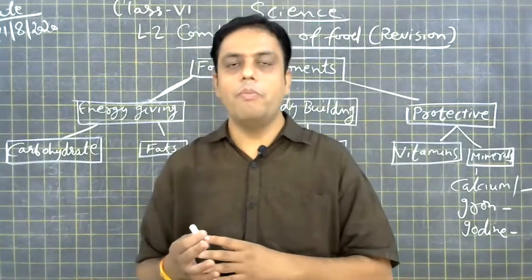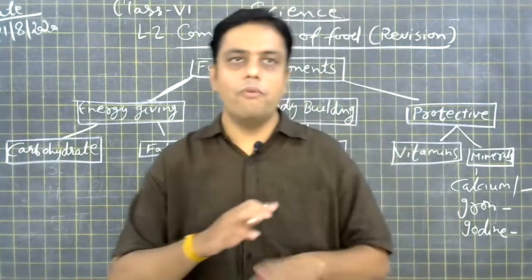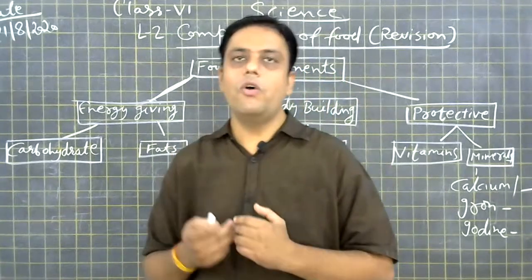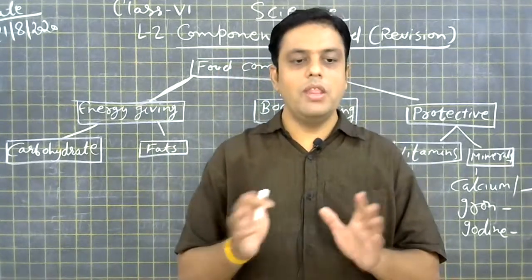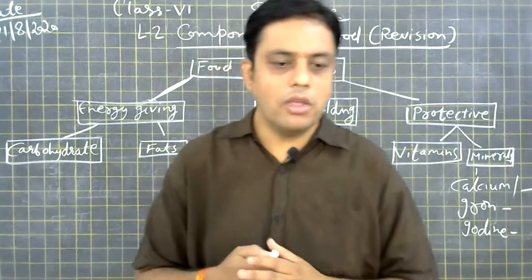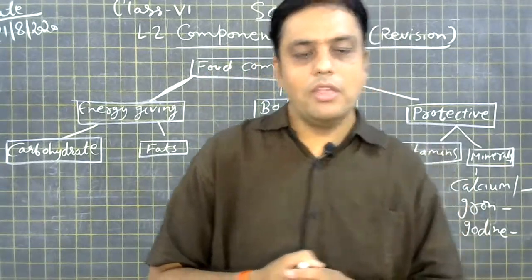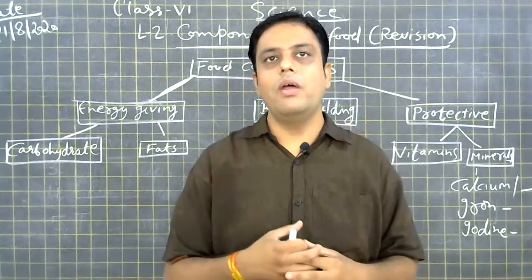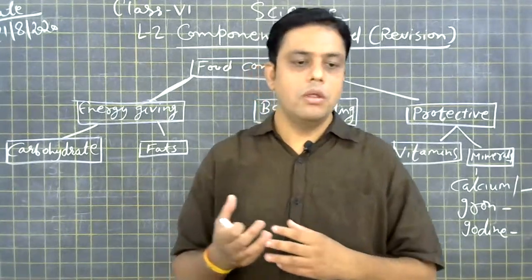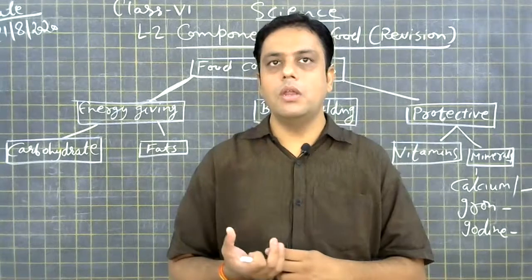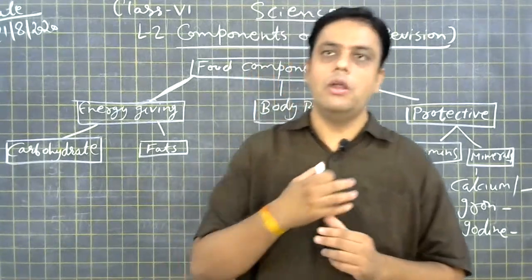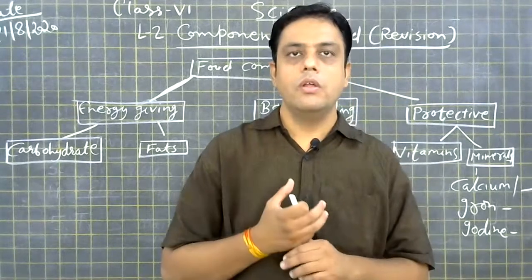We can say in simple language, fiber. Most of the foods have fiber in them. These are necessary for our digestion. The main thing is they help prevent constipation. It helps in excretion of waste material.